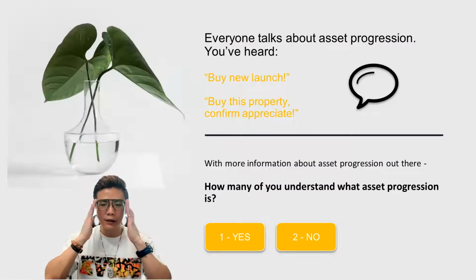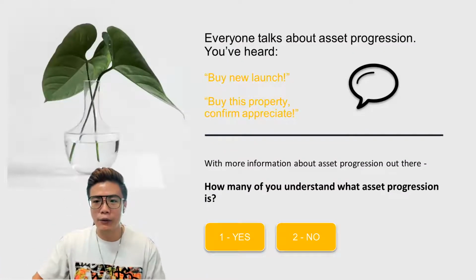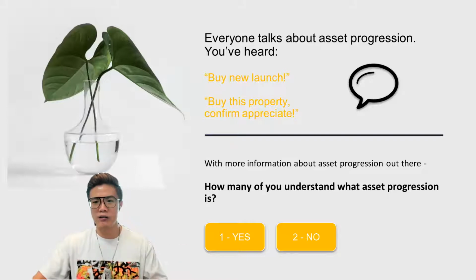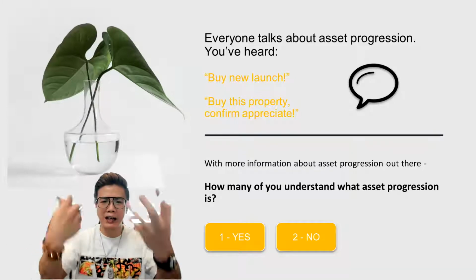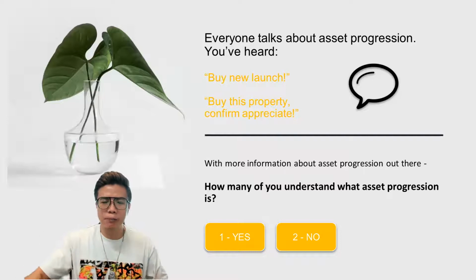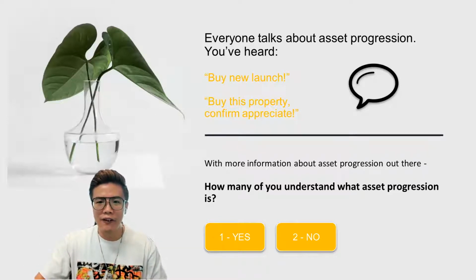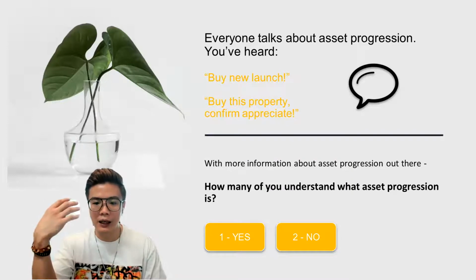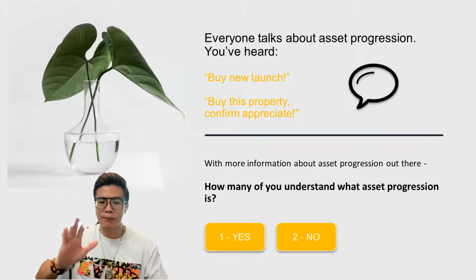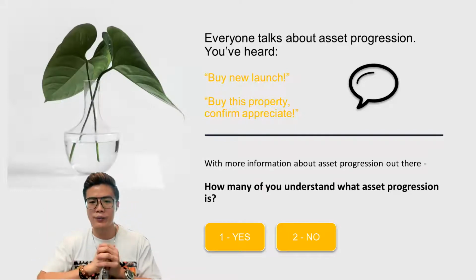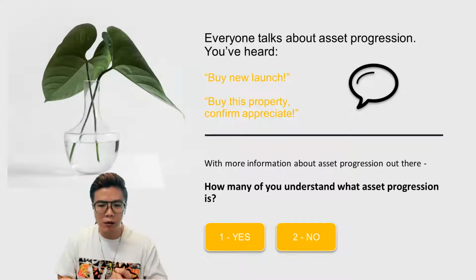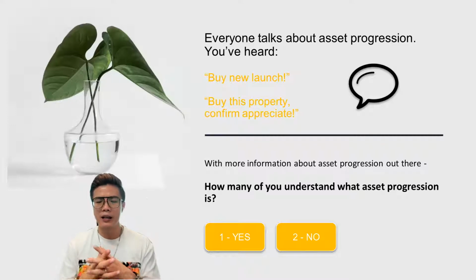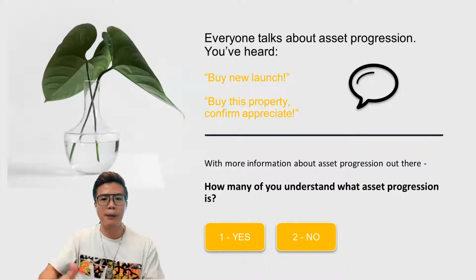So I want to hear from the ground right now. A lot of people talk about asset progression. You have heard about buying a new launch or buying this property, confirm can make money. True or not true? For those who are listening right now, if you have heard about it, do you fully understand asset progression? Maybe you can type a 1 inside the group chat. Or for those who want to know more about what this asset progression is about, is it just merely about selling a property and buying a new launch?